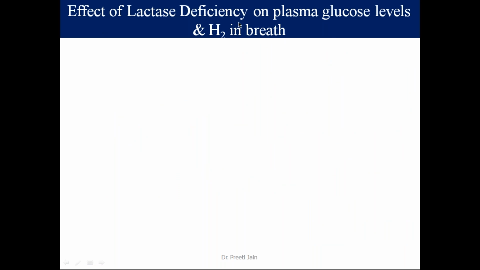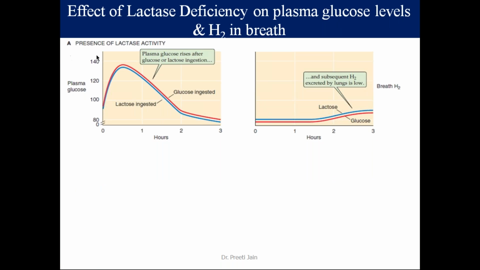So, the effect of lactase deficiency on plasma glucose levels and hydrogen in breath. This is showing you normal lactase activity. Normally the lactase is present, so once the lactose is ingested, the plasma glucose level increases, right?